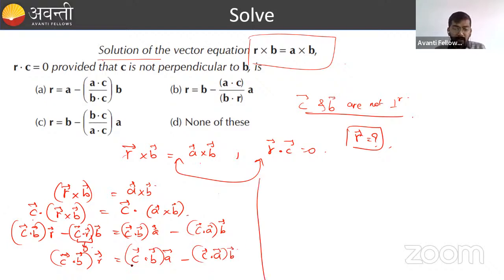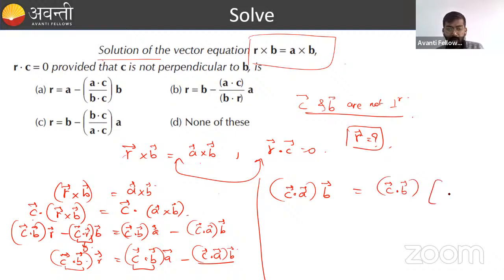Now I will take this thing to the other side and bring c bar dot b bar, since c bar dot b bar is common over here. So c bar dot a bar into b bar equals c bar dot b bar into a bar minus r bar.